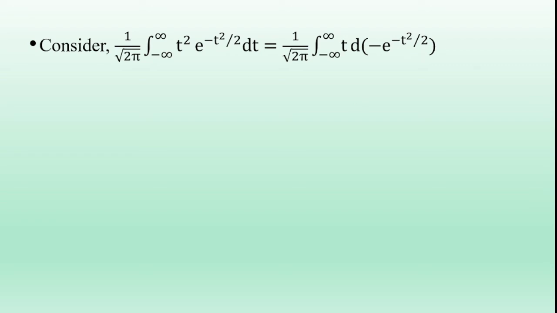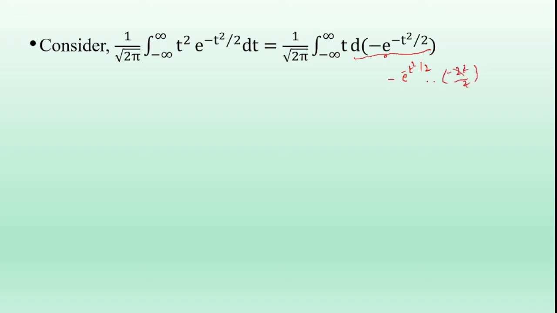Differentiating this term, we get the derivative of e power minus t square by 2, which is minus e power minus t square by 2 into the derivative of minus t square by 2, that is minus 2t by 2.